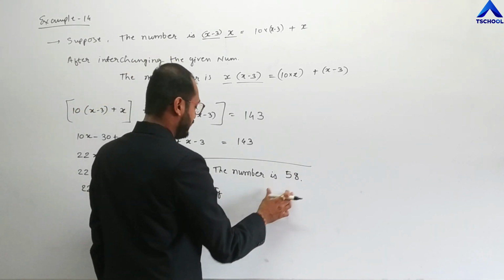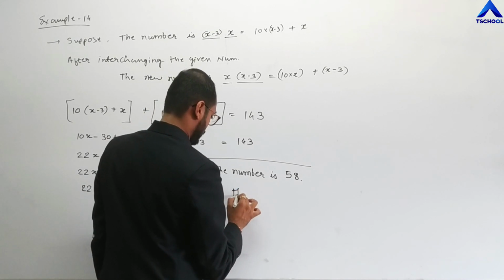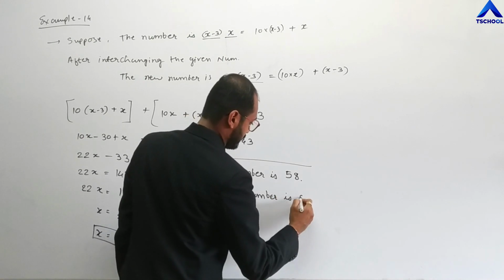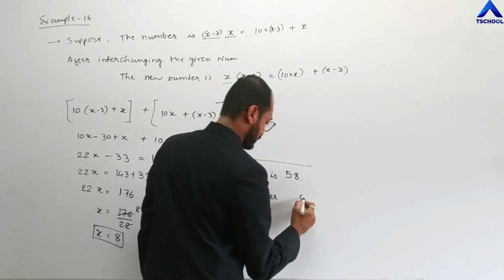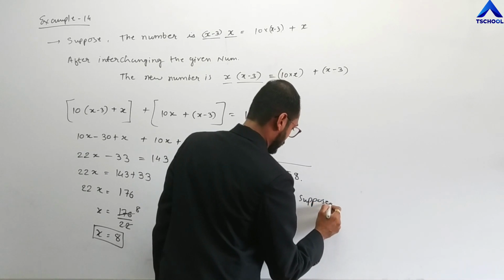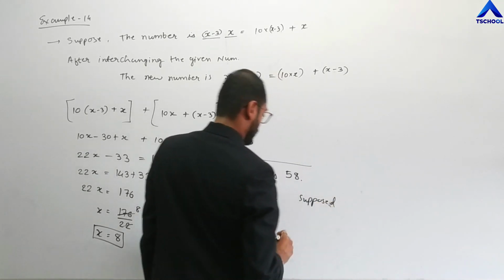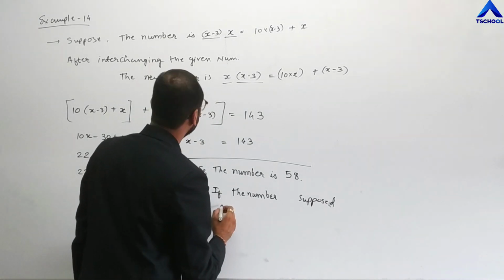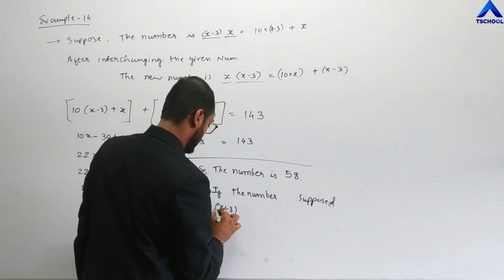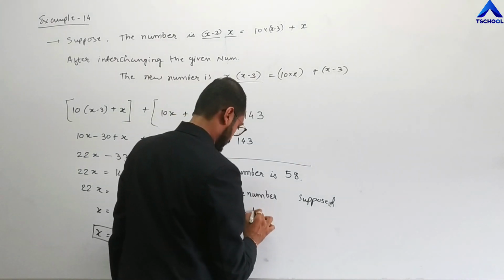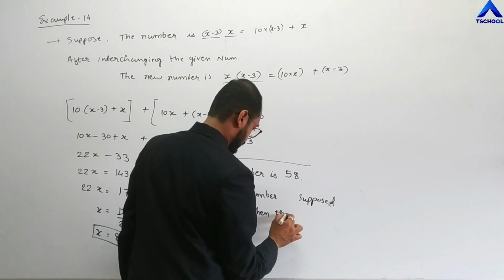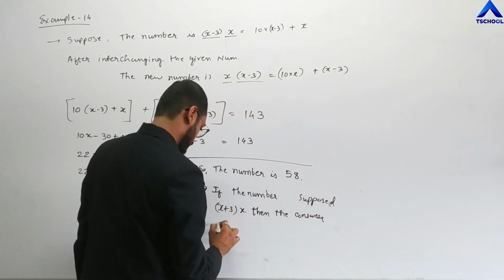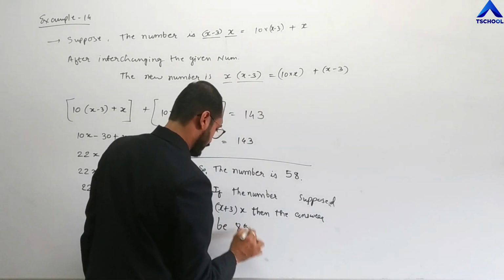This number is 58, but if the number is supposed x plus 3 and x, then the answer will be 85.